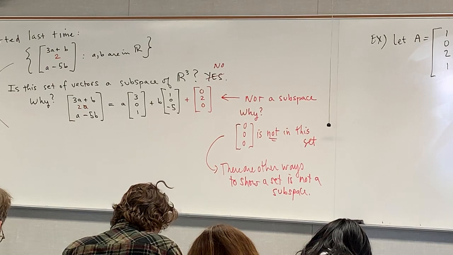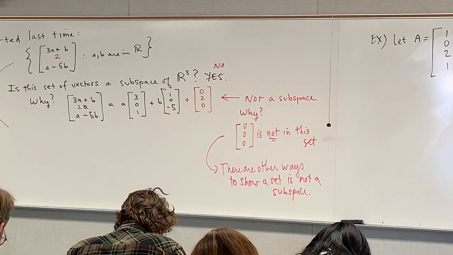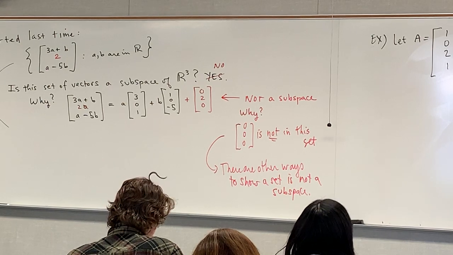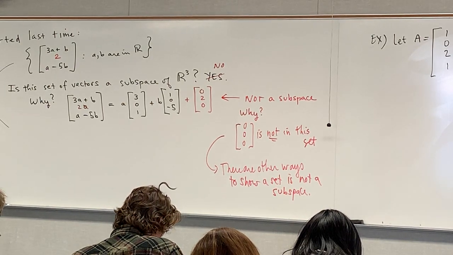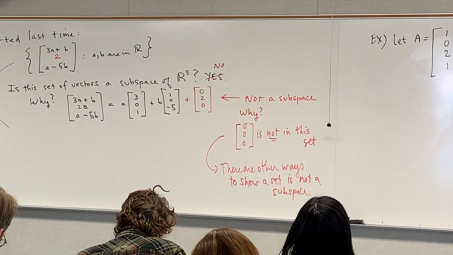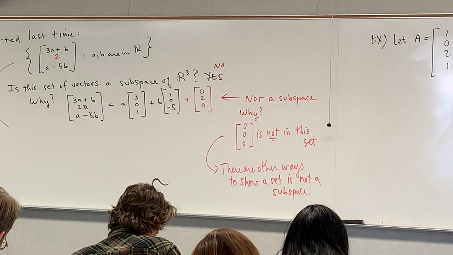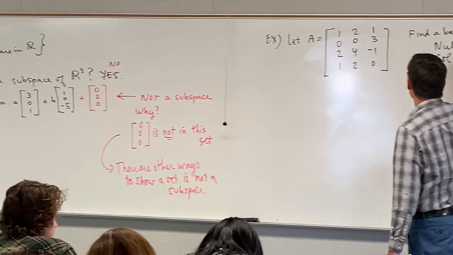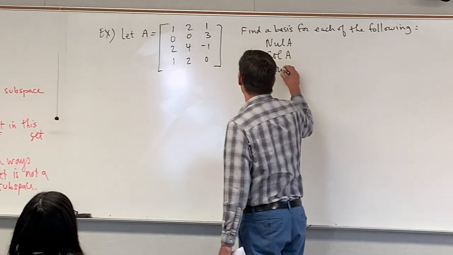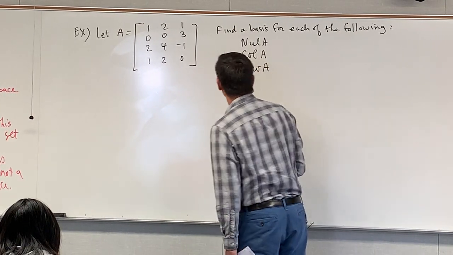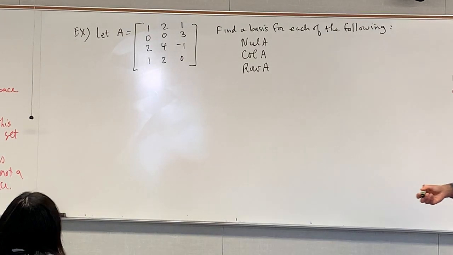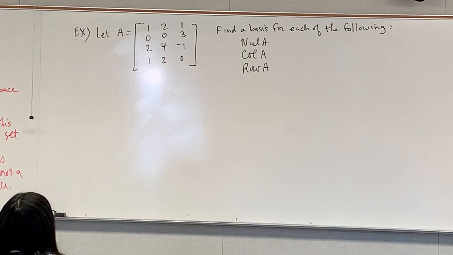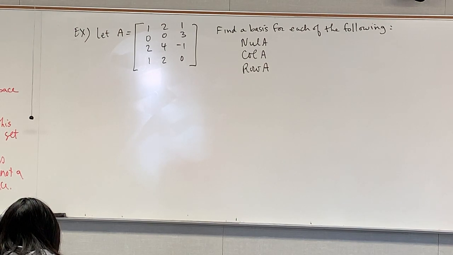Find a basis for each of the following: null A, column A, row A. So these are three subspaces of our n's.